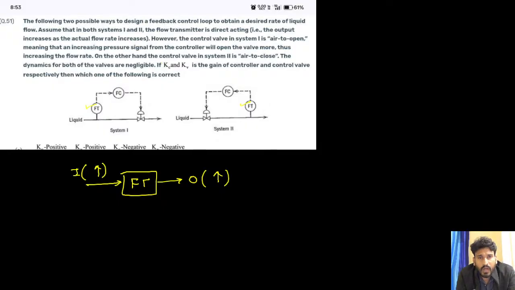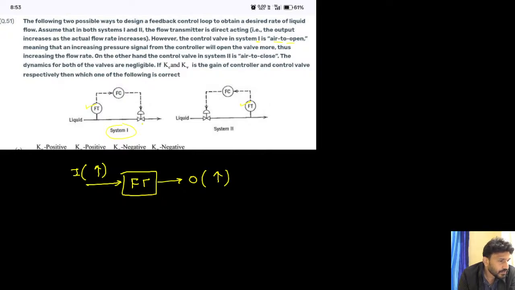Now, however, the control valve in system 1 is air to open, means if the air signal is increasing, the flow is also increasing. If the air signal is decreasing, it is also decreasing. Is it clear to you?